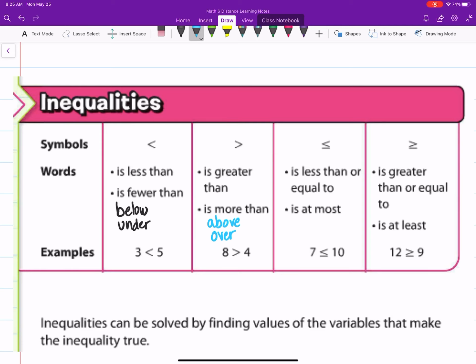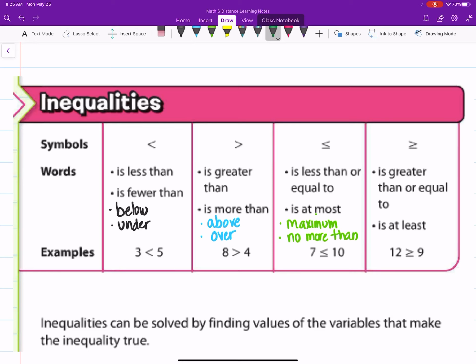Now your newest ones, less than or equal to and greater than or equal to. So less than or equal to could be written as at most, or as we saw above, maximum, or no more than. Those are some. Can you think of others?